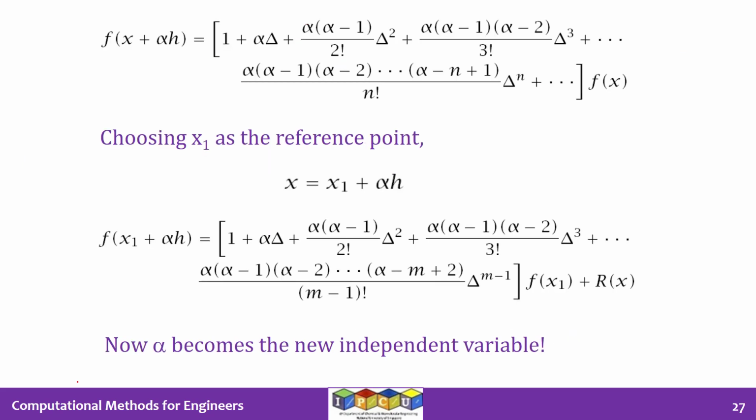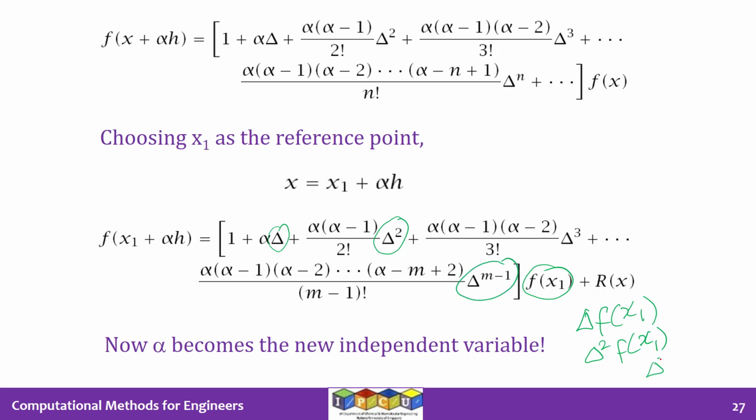So far, we have focused a lot on alpha, which is fine. But you also note that this expression contains delta of f of x1. So how are we going to get this? It also contains delta squared f of x1, the second forward difference of f of x1. And so on.